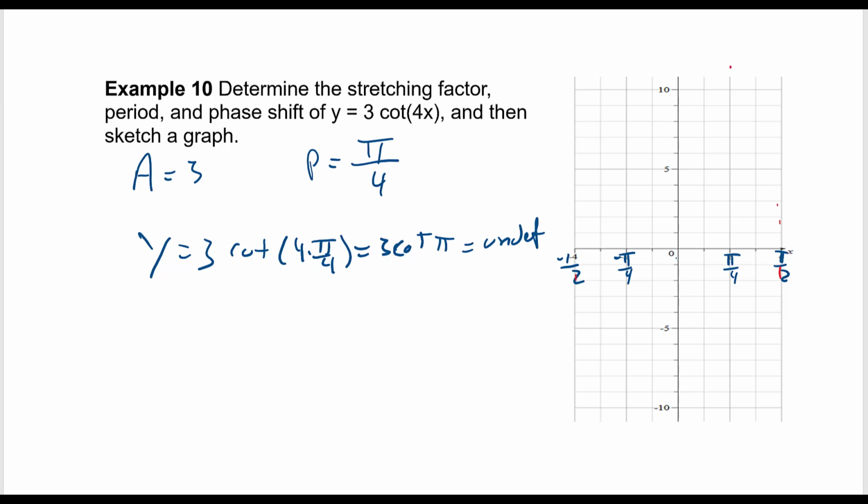Okay, so let me just think about this for a second. At 0, we're looking at cosine over sine, and sine of 0 is 0.